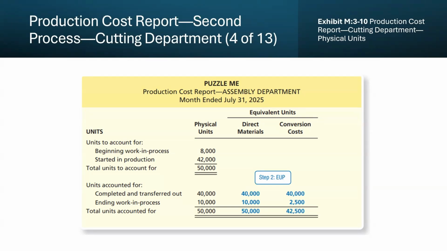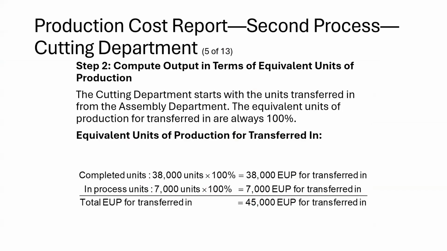So again, you see the production cost report for Puzzle Me for the cutting department, month ended July 31st, 2025. The cutting department is the second department in the process system. The department receives units from the assembly department. Now, these units are the transferred in units.